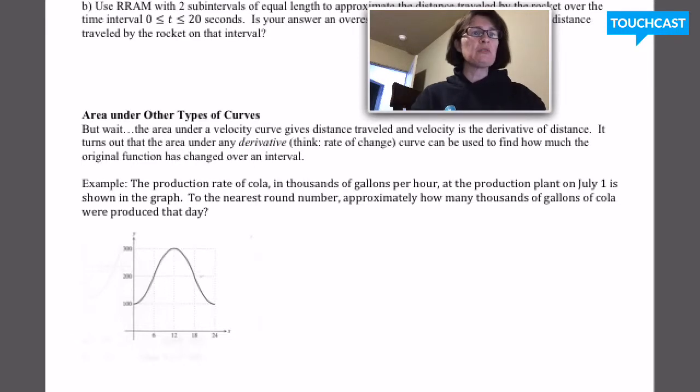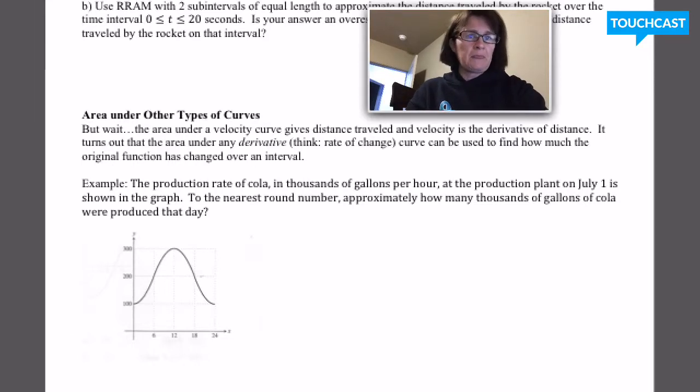So here's an example of a problem. It was a multiple choice question. I didn't give you the multiple choice options, but that makes it a little bit easier. The production rate of cola in thousands of gallons per hour at the production plant is shown in the graph. To the nearest round number, how many thousands of gallons of cola were produced that day?